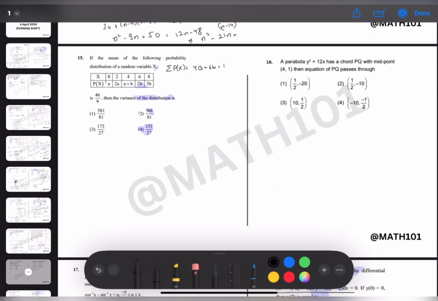And sigma x px, the mean, equals 46 by 9, which equals 0 into a plus 2 into 2a, plus 4a plus 4b, plus 6 into 2b is 12b, plus 8 into 3b is 24b, which equals 8a plus 40b, 46 by 9.